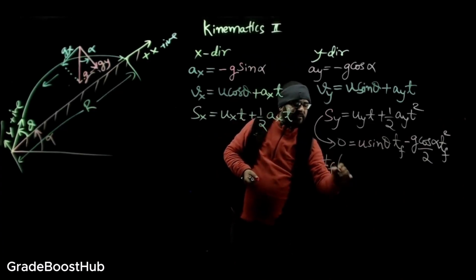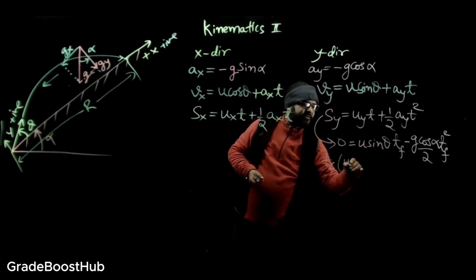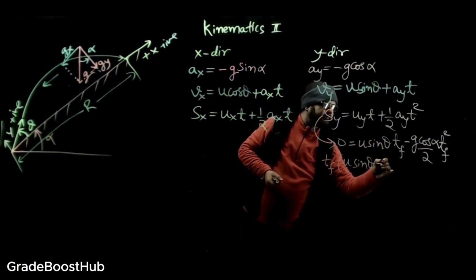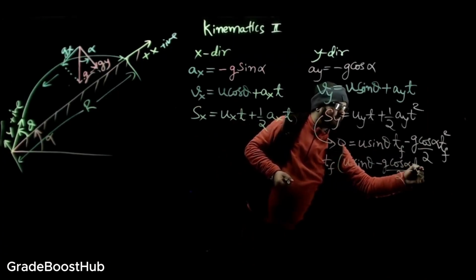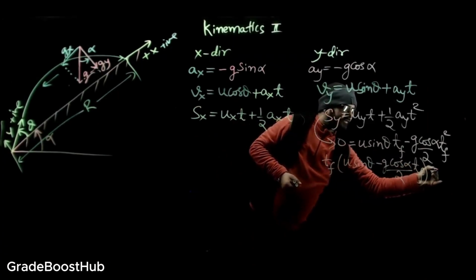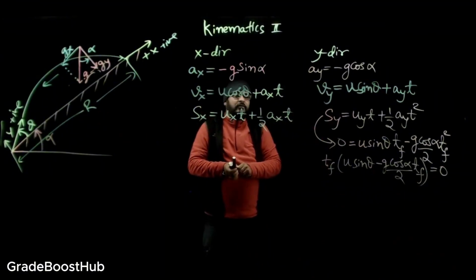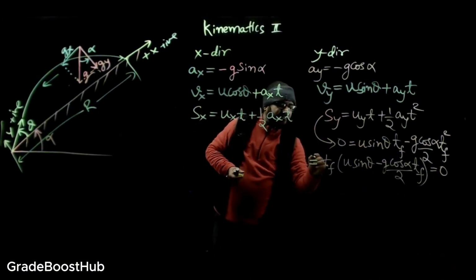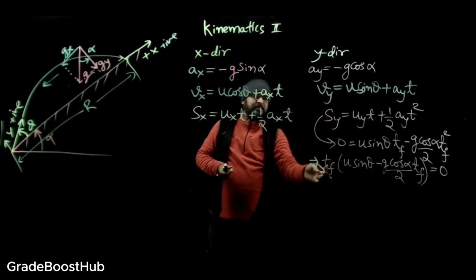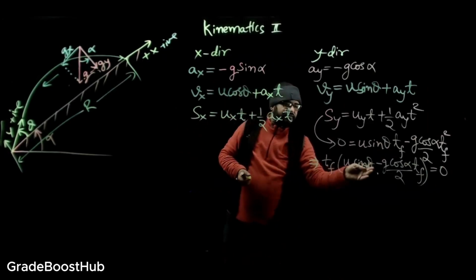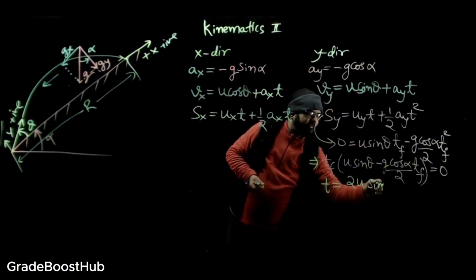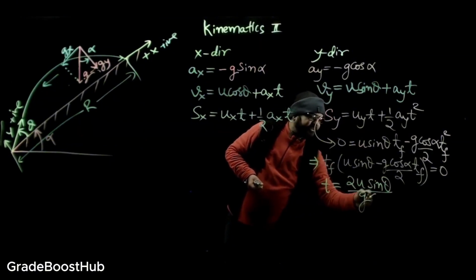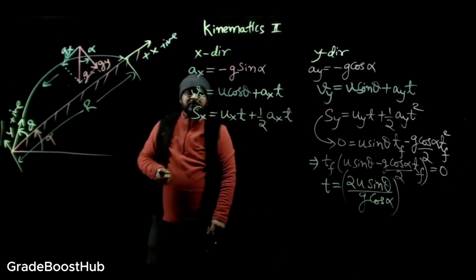If I solve this equation, it is equal to 0. Now this time of flight cannot be 0, otherwise it will be a trivial solution. So time of flight has to be 2u sine theta by g cos alpha. You see, a very beautiful expression.